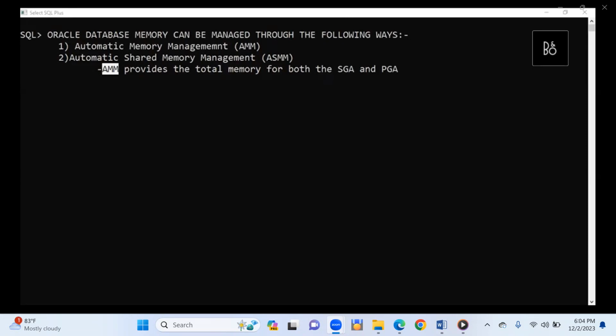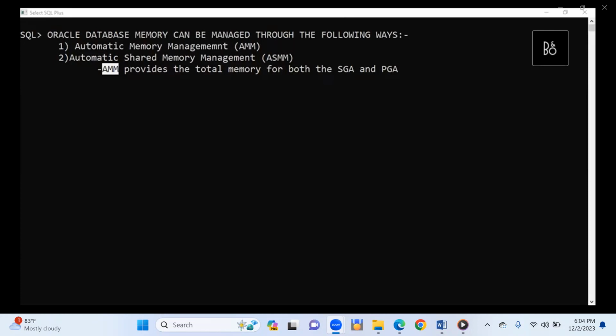Based on the two methods, AMM and ASMM, remember we have S in ASMM, which stands for shared.